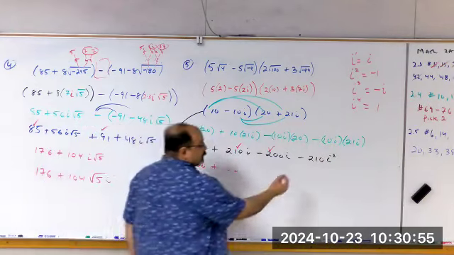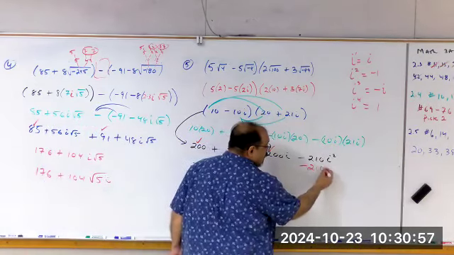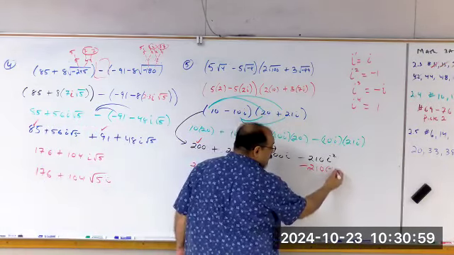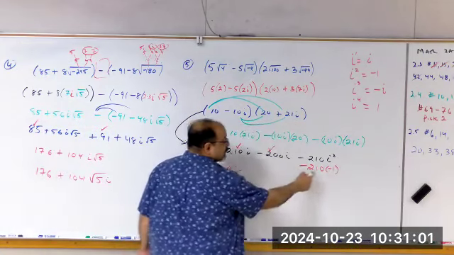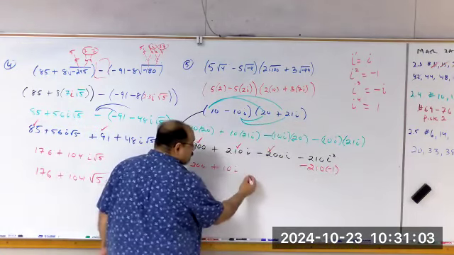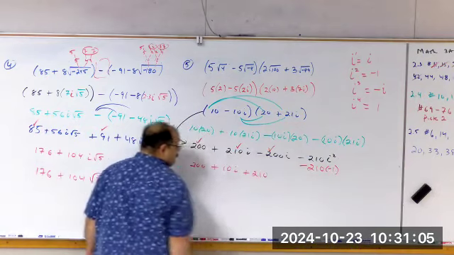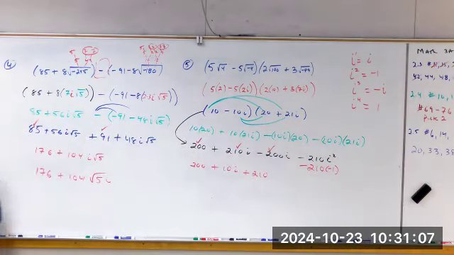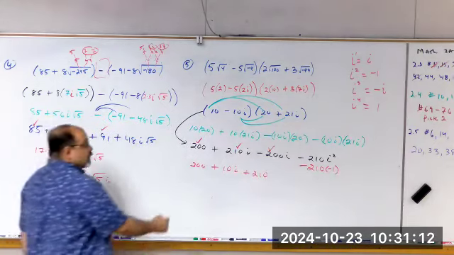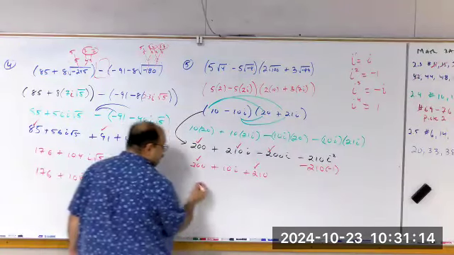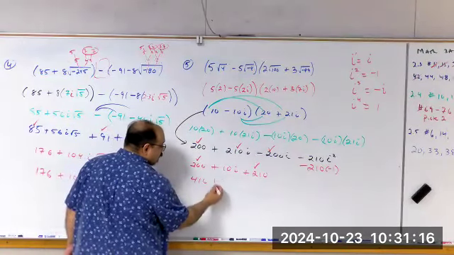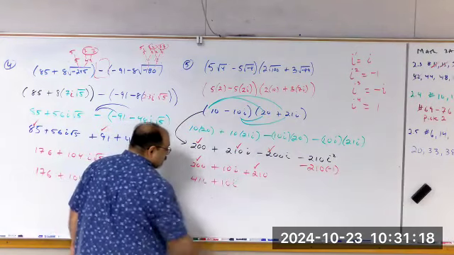So this is negative 210 times i squared, which is -1, so it's negative 210 times -1. This becomes positive 210. So now you have two like terms. 200 plus 210 is 410, plus 10i.